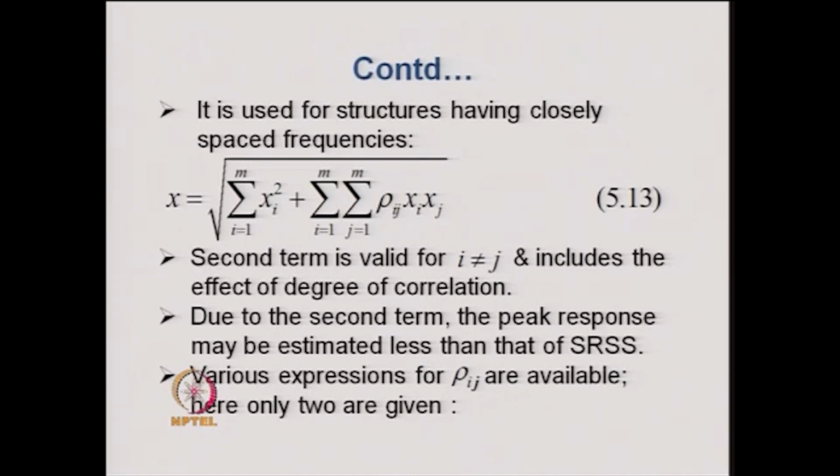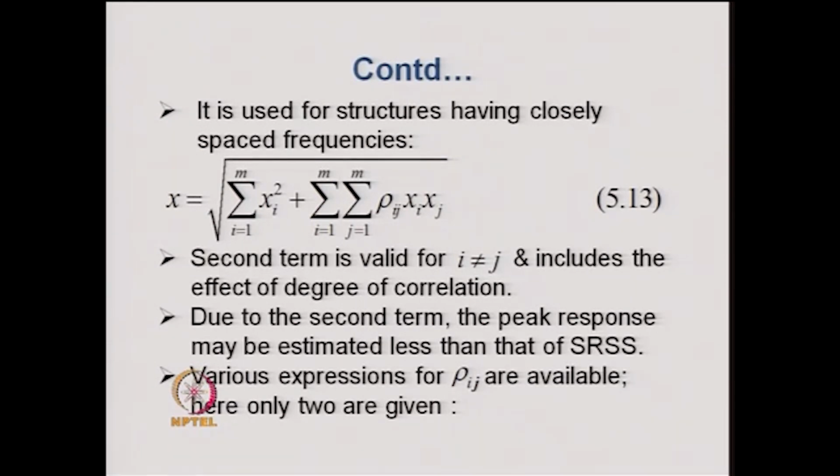And since the second term has the value rho ij into xi into xj, this particular quantity could be plus or minus, depending upon the value of xi and xj.